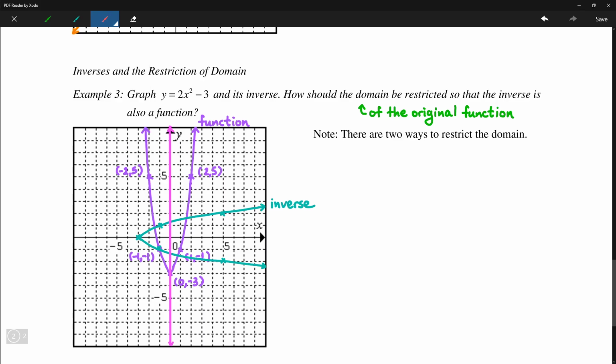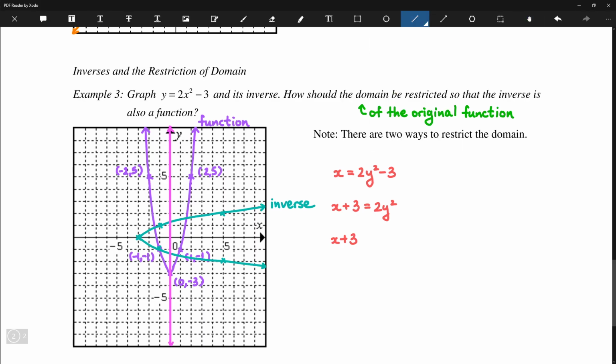Haven't used red in a while. So again, we are going to find the inverse algebraically. So x is equal to 2y squared minus 3. So we have x plus 3 is equal to 2y squared. And then, of course, we'll divide both sides by 2. So (x plus 3) over 2 is equal to y squared. All right, of course, then the next thing to do is take the square root, not of the function, sorry, of both sides of the equation.